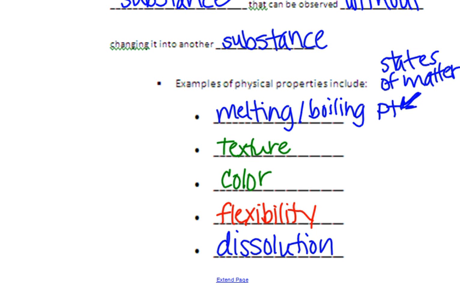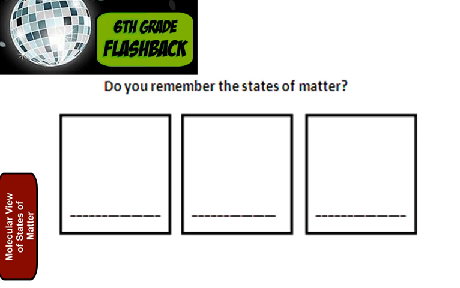Now, let's have a little flashback to 6th grade. So do you remember these states of matter? Do you remember what are the 3 states of matter that you studied last year? Yes, there are more states of matter, but the basic 3 that you must know at this age level would be solid, liquid, and gas.